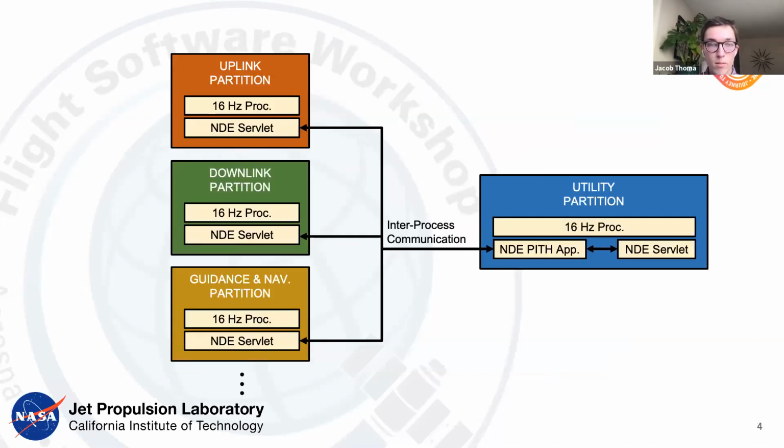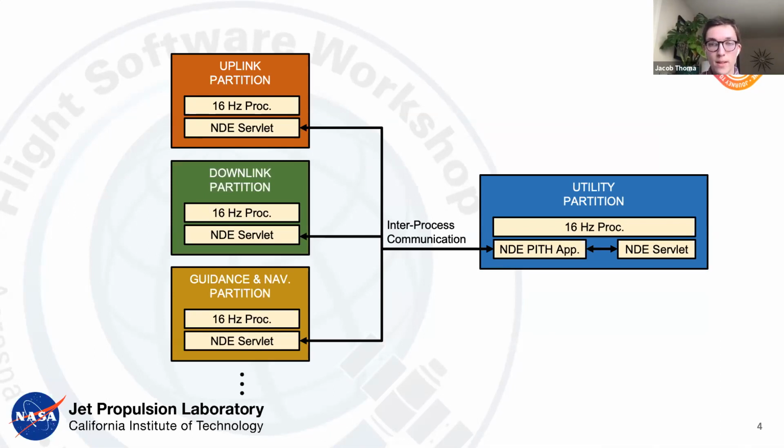So for a little bit more of a structural view of how everything is connected, I have a few example partitions, so like uplink, downlink, guidance and navigation, and they each have their main 16 hertz process and then this non-deadline enforced servlet that will run afterwards. And they are talking to the PITH application, which is in a separate partition using inter-process communication, which is a service provided by a different flight software module.